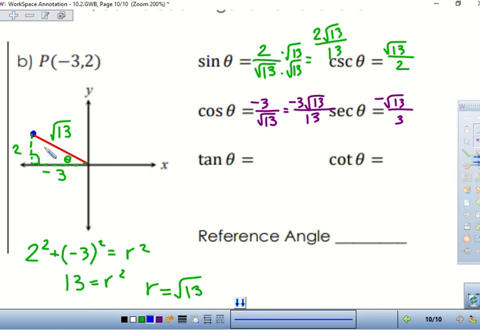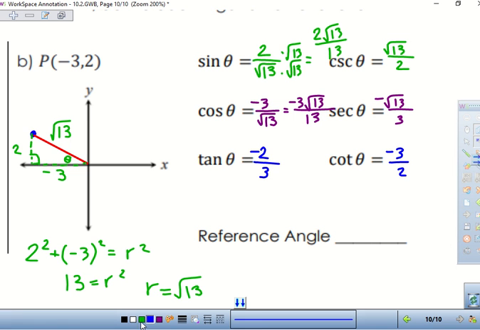And then we'll do tangent. Tangent is opposite over adjacent. We always put our negative on the top. Cotangent would be adjacent over opposite. So does everybody see how I got those 6 values from what we've been practicing so far?